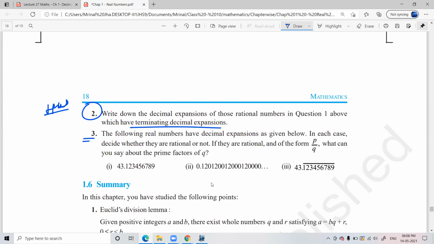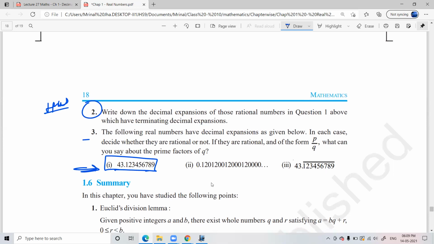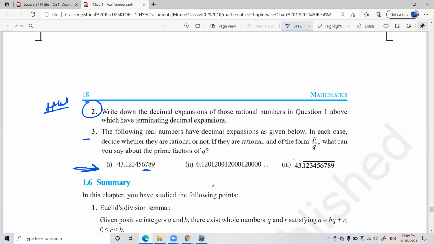Third one. What does it say? The following real numbers have decimal expansions as given below. In each case, decide whether they are rational or not. Quickly tell me, look at this decimal number and tell me whether it is rational or irrational. Rational, sir. Why is it rational?